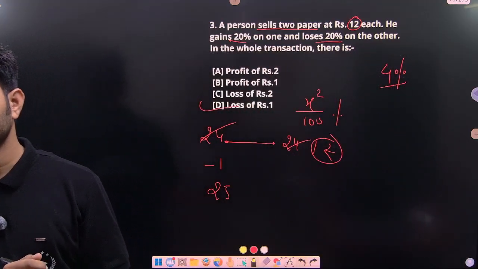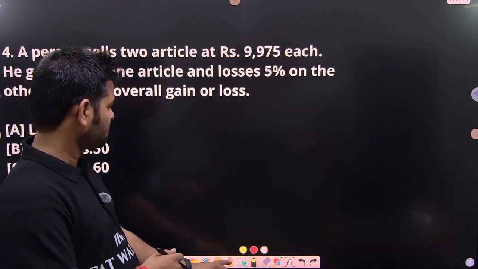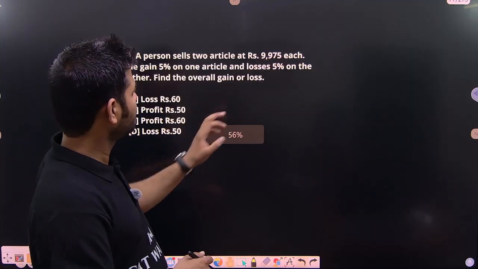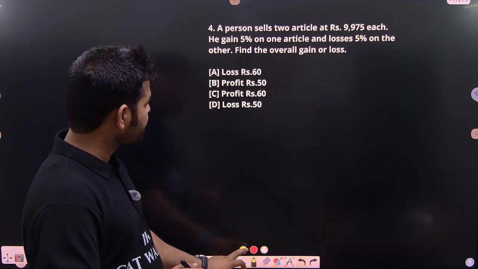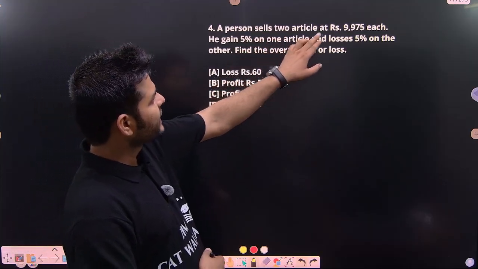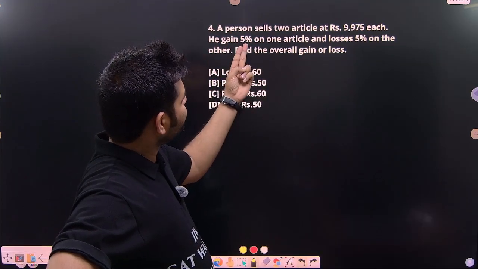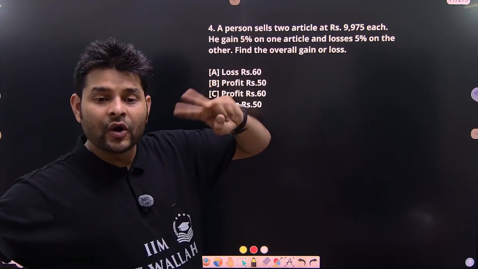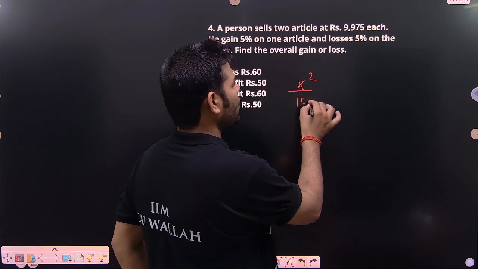The next question, number 4. Again the question says, guys, a person sells two articles at rupees this each. He gains 5% and loses 5%. So x square upon 100, that would be the overall loss.